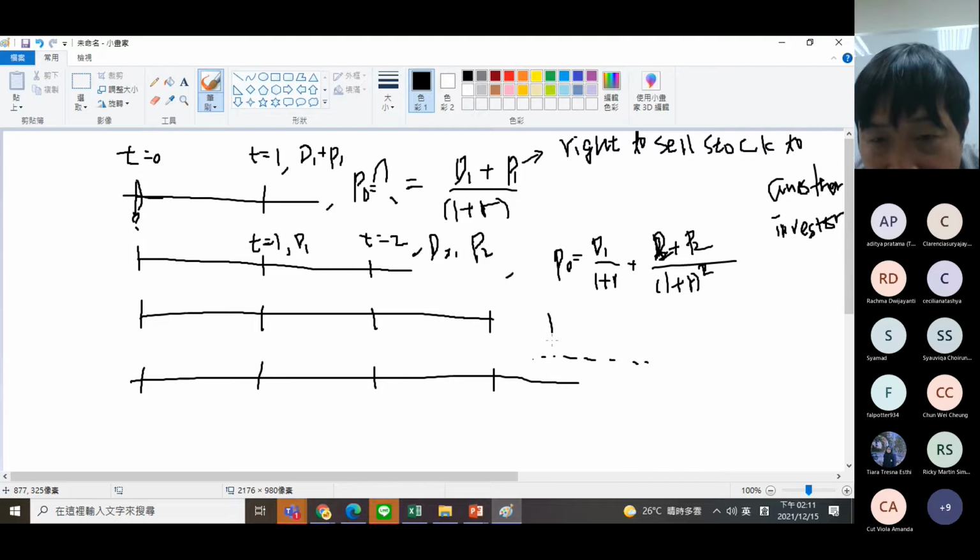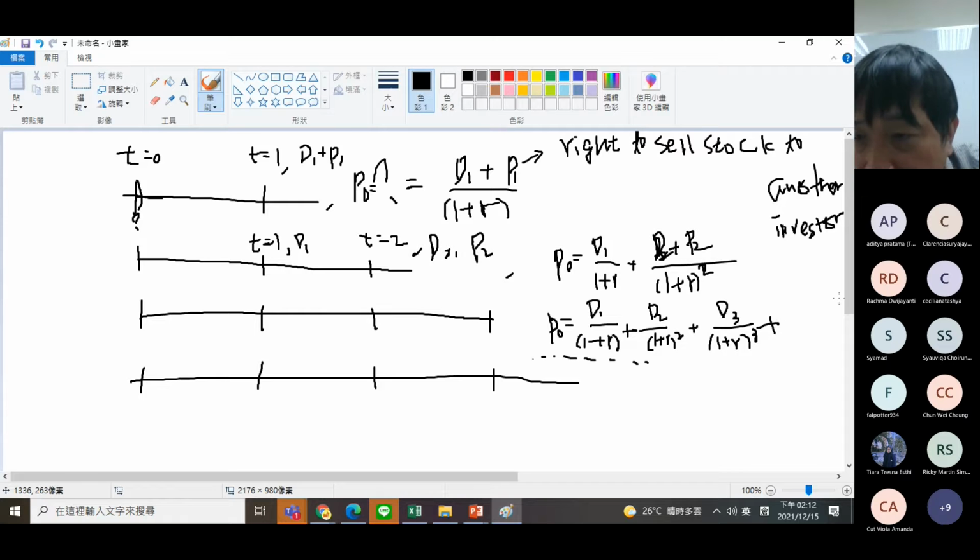Then at the third time, we can induct that P0 can be D1, D2, D3, and you receive the salvage value P3.